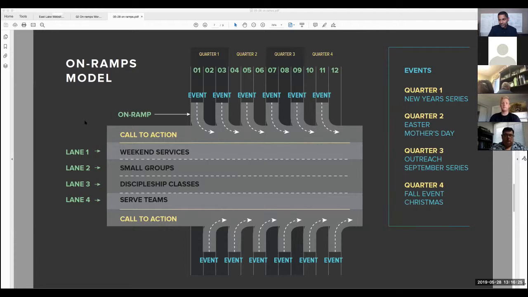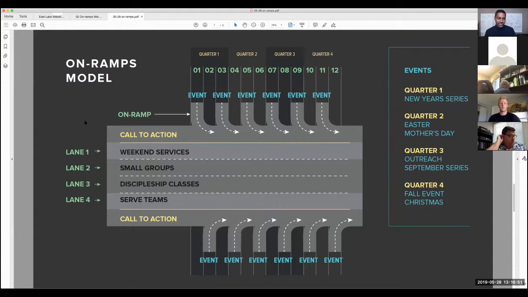So the direct next step is for them to get into what I'm going to call a lane. And then the indirect next step might be to come to another event or to get a book to learn more. So it's not directly connecting them into the church, but it's still a really helpful next step. So the best events are going to have next steps that are direct into a lane.